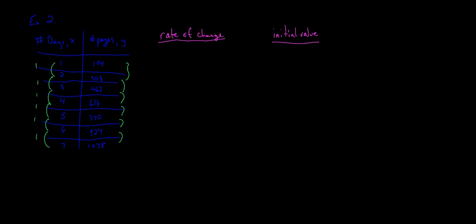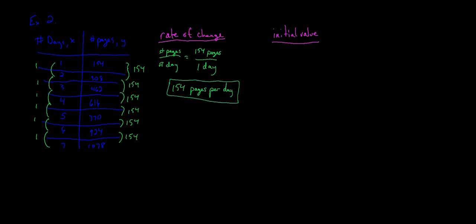So 308 minus 154, that's 154. 462 minus 308, that's 154. Every one of these is 154. So the rate of change is number of pages per number of days, which equals 154 pages per 1 day. So our rate of change is just 154 pages per day.